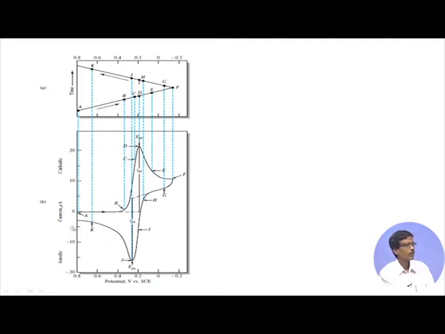So, what do you see? With respect to time, what the instrument is basically measuring for us is the corresponding potential with respect to time. We know that the potentiostat as well as the galvanostat is measuring the current.